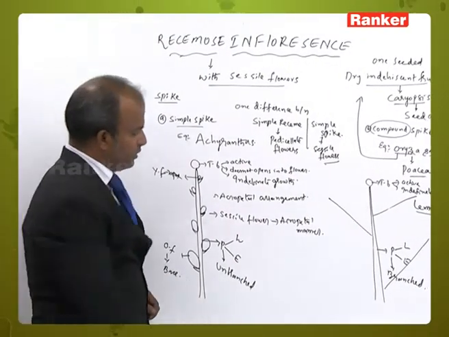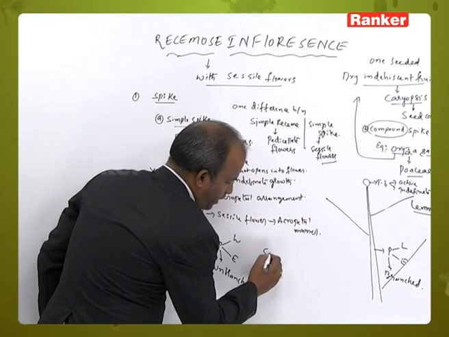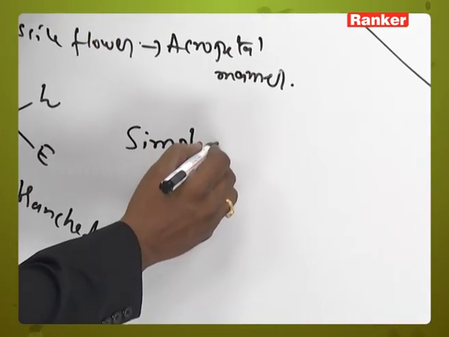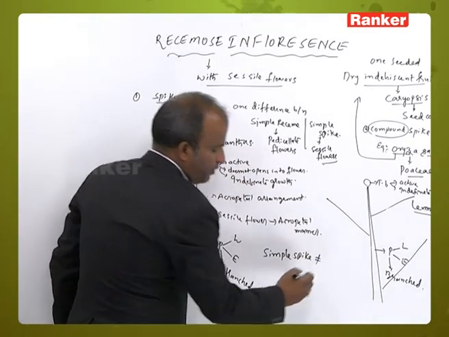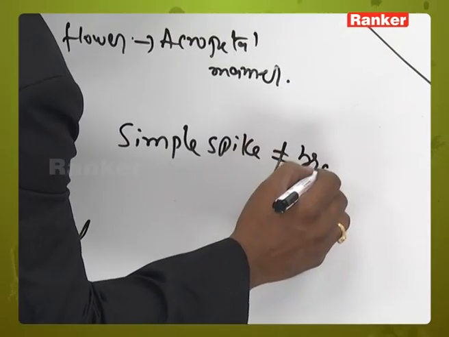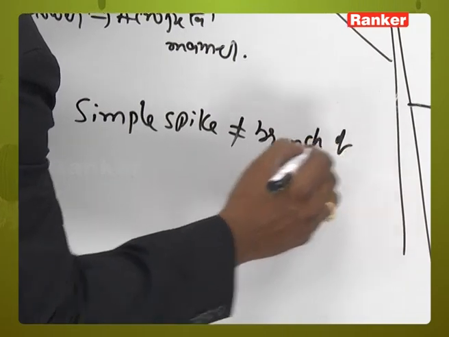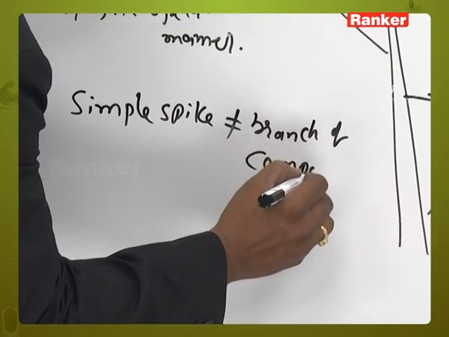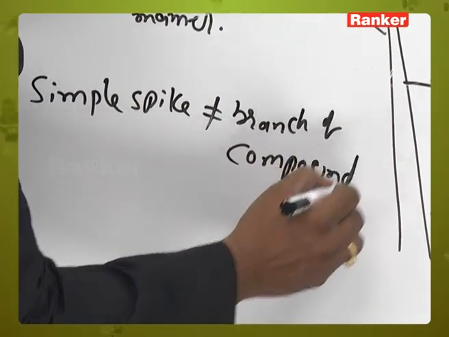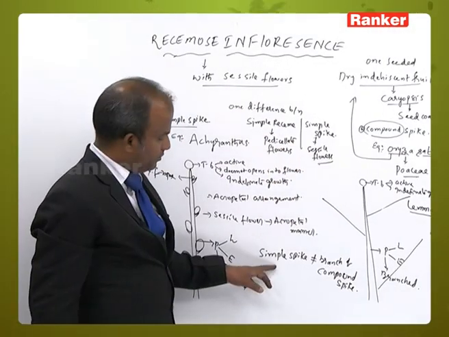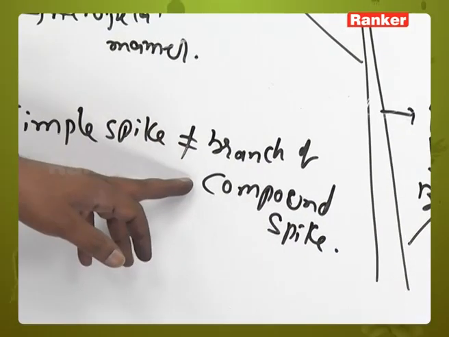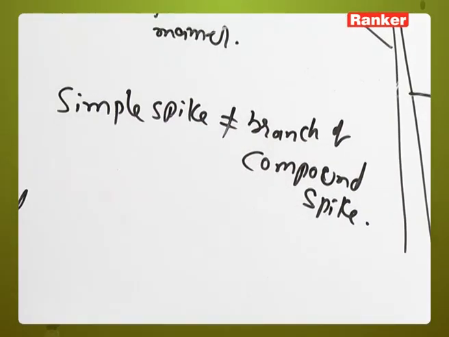No. A simple spike is not equal to a branch of a compound spike.